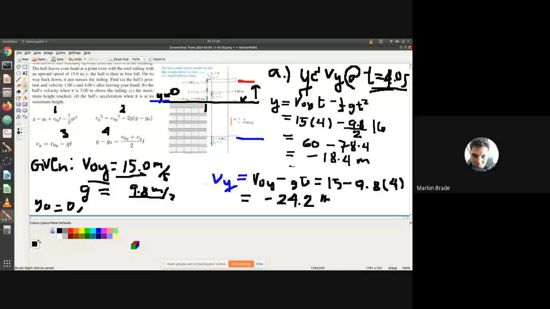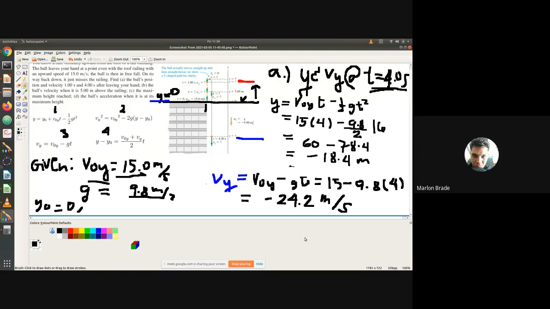So mao ni akong velocity. Panaog siya, negative pasabot panaog na siya. Nag-move siya padulong sa negative direction sa imong axis. Okay? So after 1 second, nagpasaka pa siya, pero after 4 seconds, nagnaog na siya ang bola.